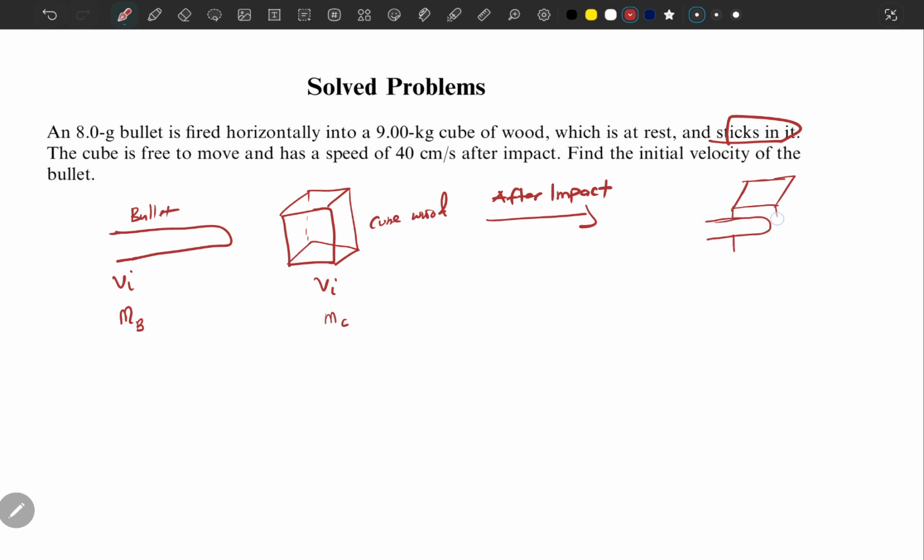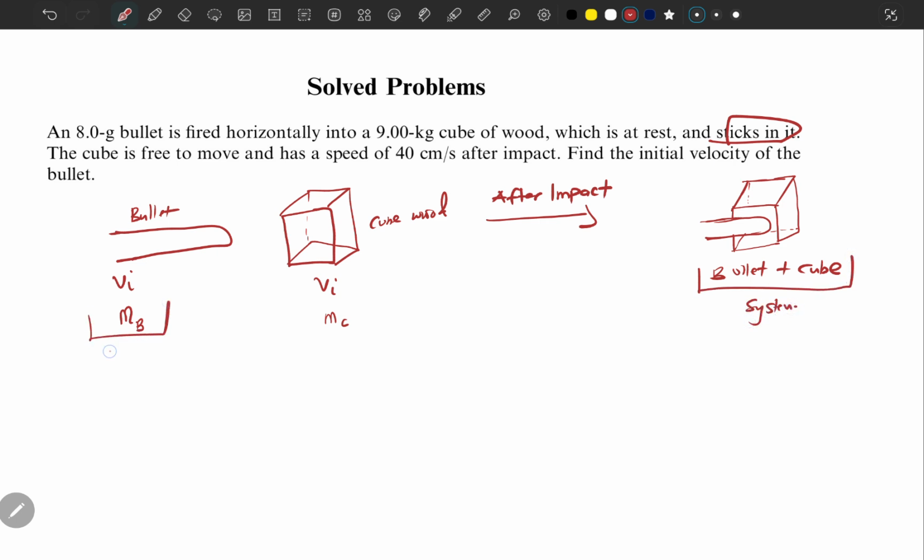So I'll draw this for you to see the pictorial representation. Now we've got the bullet plus the cube as a single system.